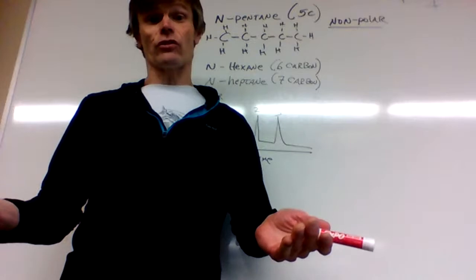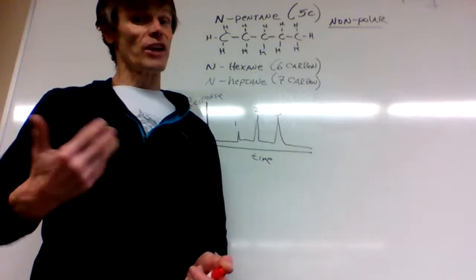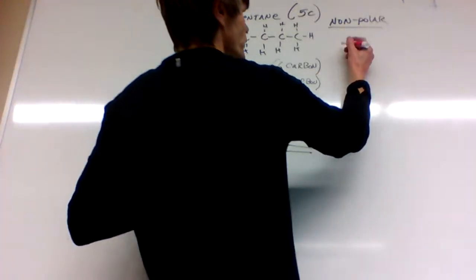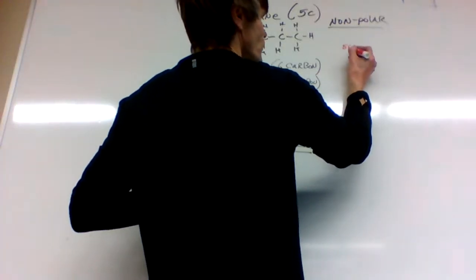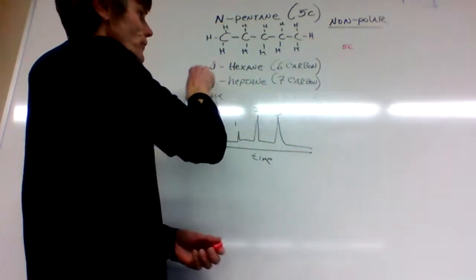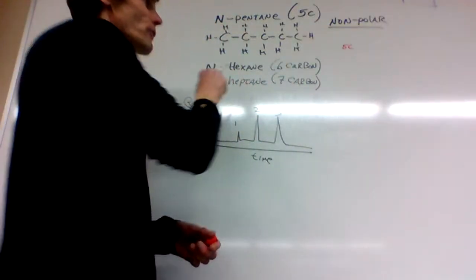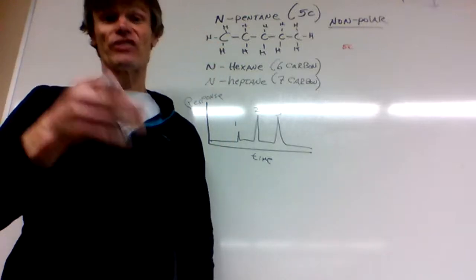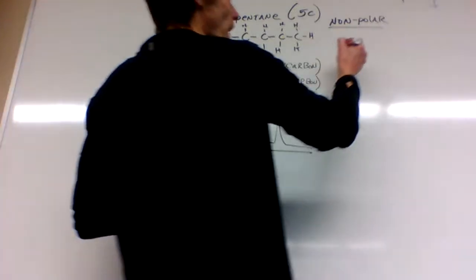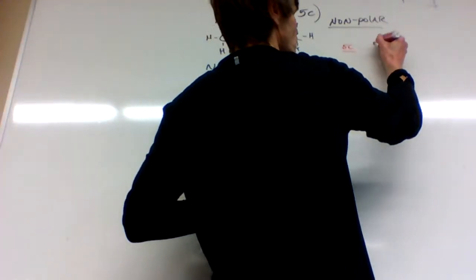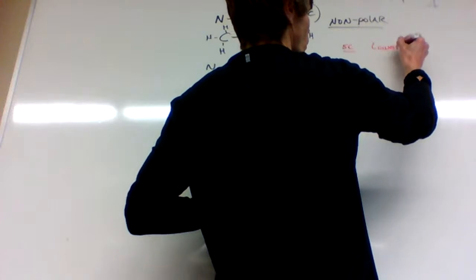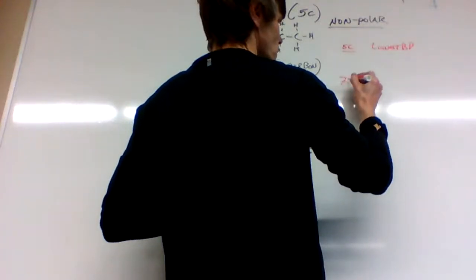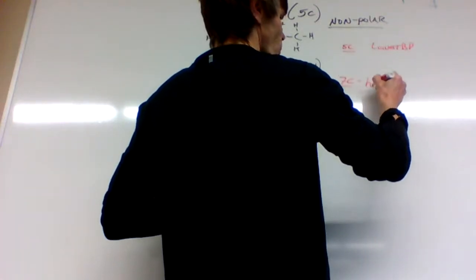If I just asked you, or if it's an exam question and you didn't have a data table available. So let's think about 5-carbon. 5-carbon has a lower mass than 6-carbon, which has a lower mass than 7-carbon. Remember, boiling point depends upon a sample's mass. The 5-carbon, having the lowest mass, will have the lowest boiling point. The 7-carbon heptane will have the highest boiling point.